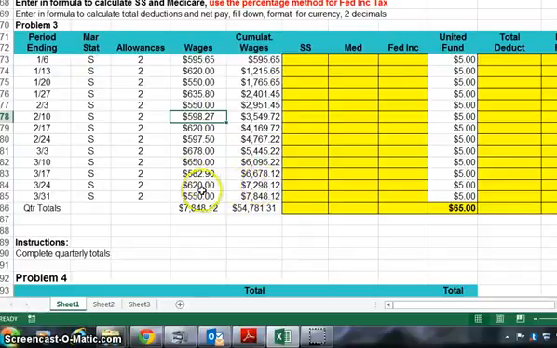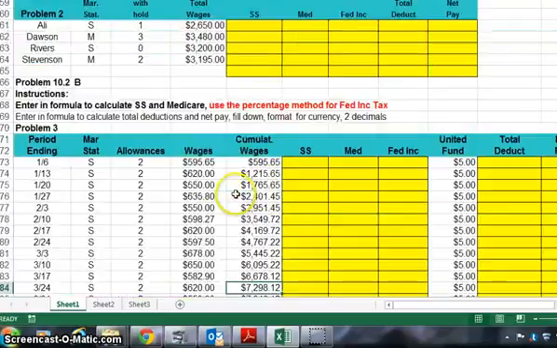And in this book, we're using the cap of $7,000. So when you see this person here, he has reached over $7,000 in the month of March. So after that point, the employer would no longer have to pay unemployment taxes on this particular employee.